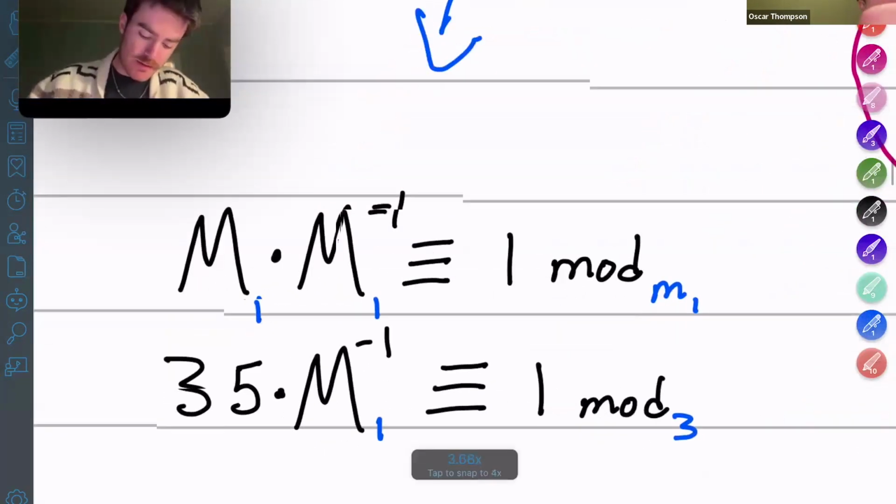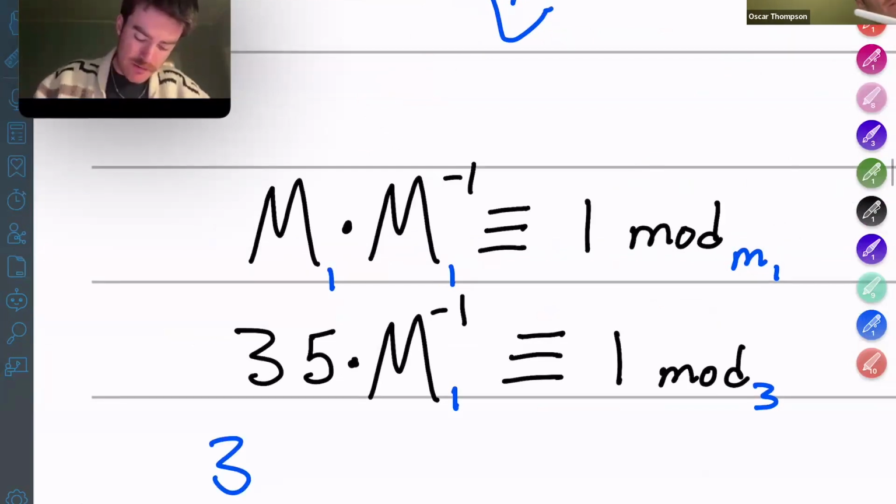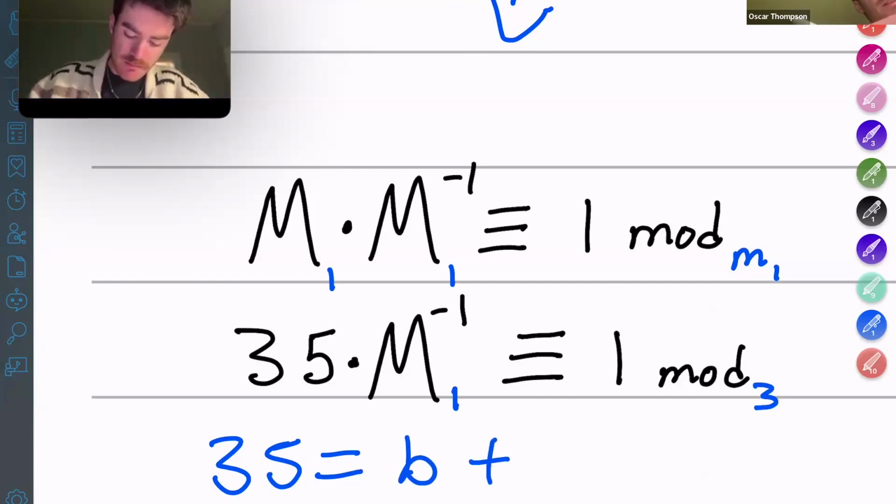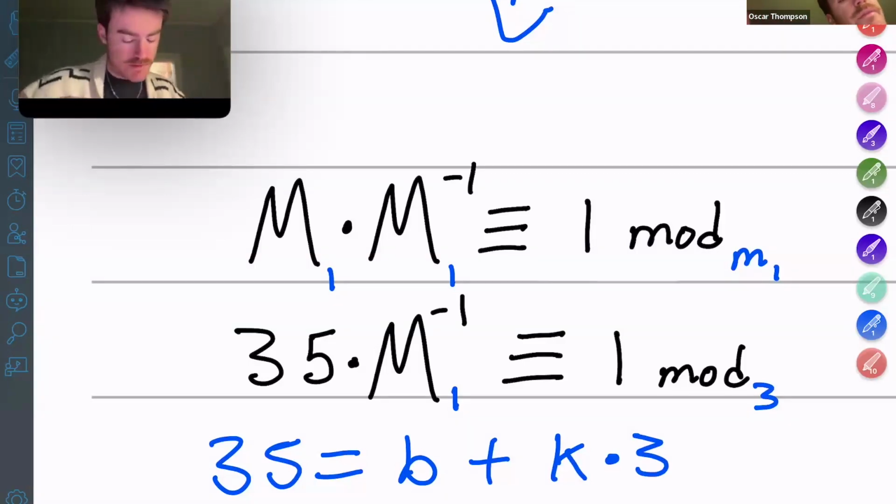So now let's put 35 into mod 3. So 35 equals some b plus some k times 3. Start counting up from 3s. I'm getting all the way to 30, and then I'm going to add one more. So we're at 3 times 11. That's 33, which is pretty close to 35.